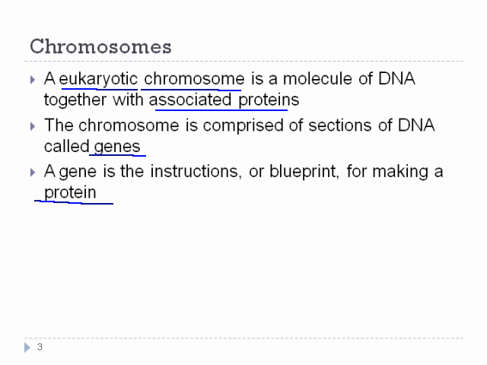When they first discovered this, they came up with what they called the one gene, one protein hypothesis. That's a good spelling of hypothesis, isn't it? The one gene, one protein hypothesis is the idea that a gene leads to the production of a protein.